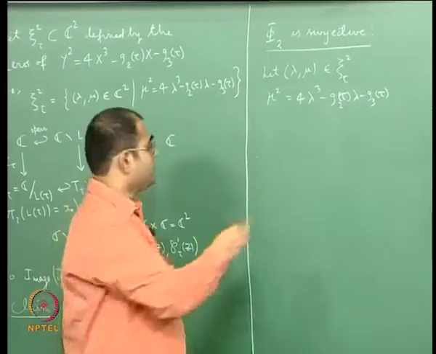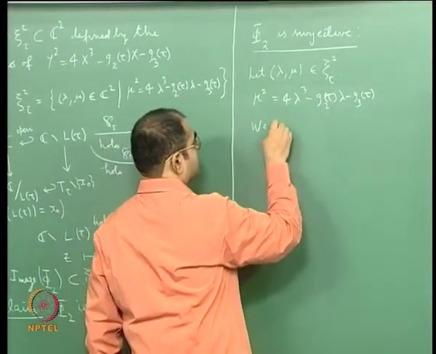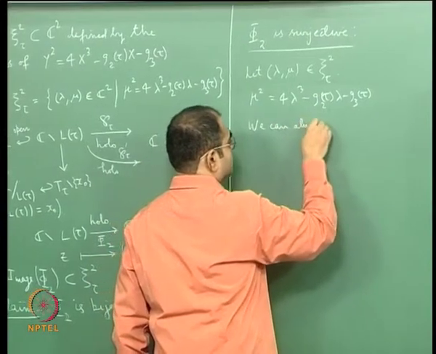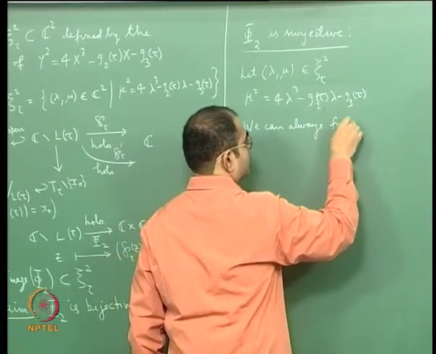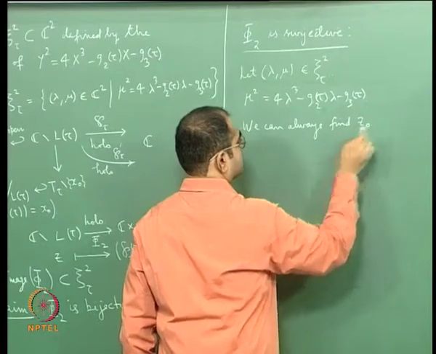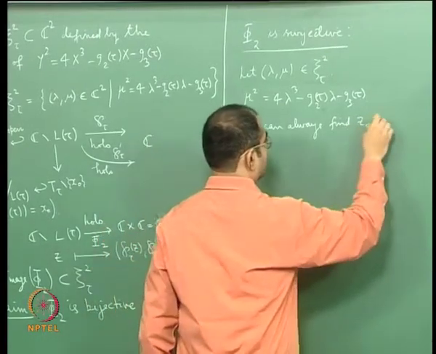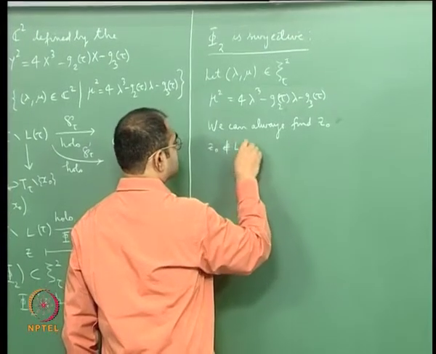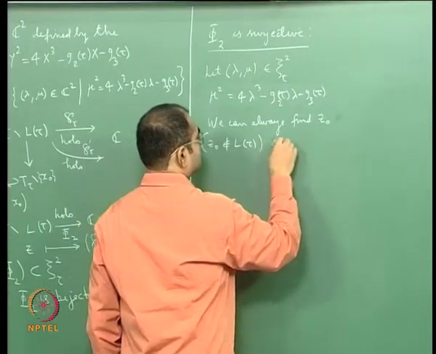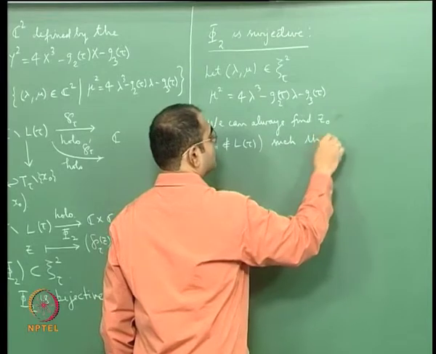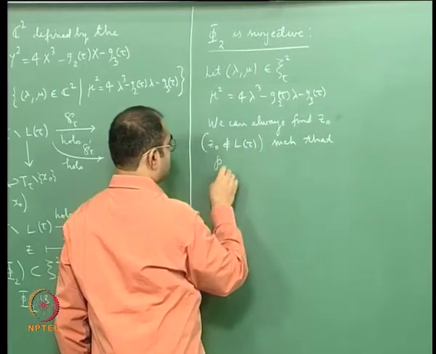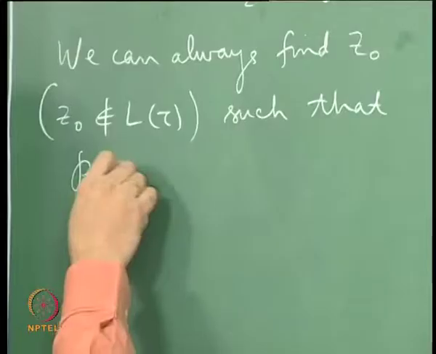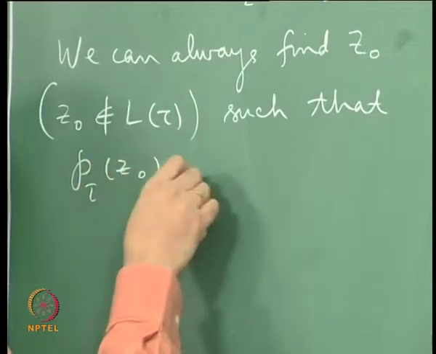So we can always find z0, not in the lattice, such that phi tau of z0 is equal to lambda.